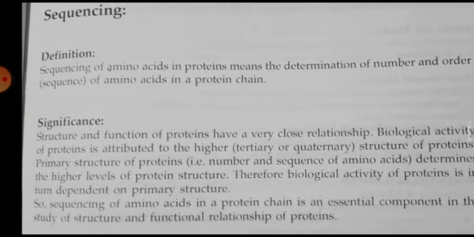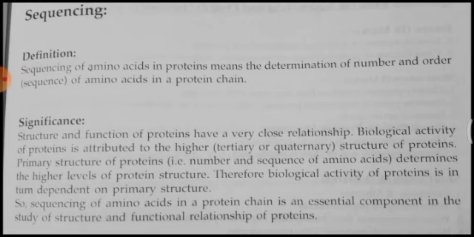The sequencing of amino acids in a protein means the determination of the number and order of amino acids in a protein chain. Order means which amino acid is present first, second, third, fourth, like that. That is called the sequence. The structure and function of proteins have a very close relationship.